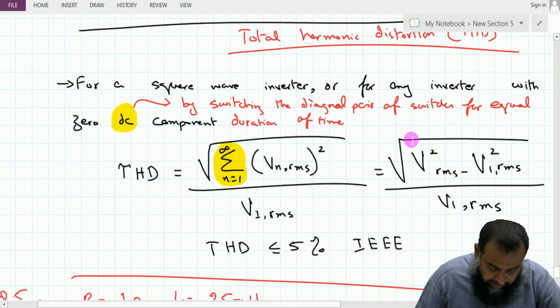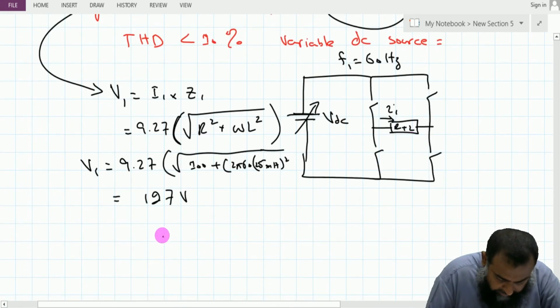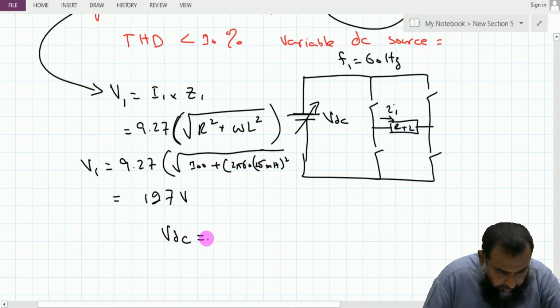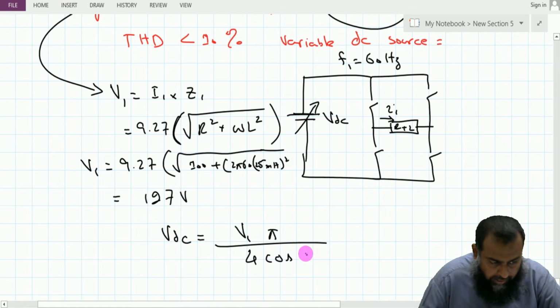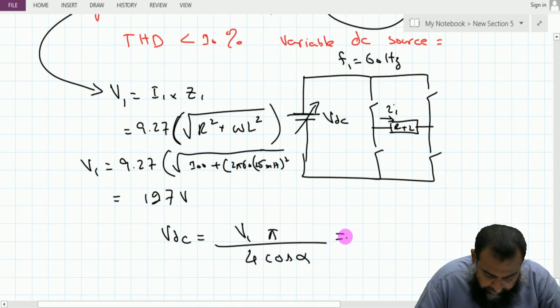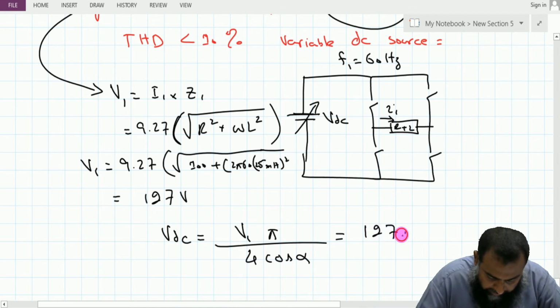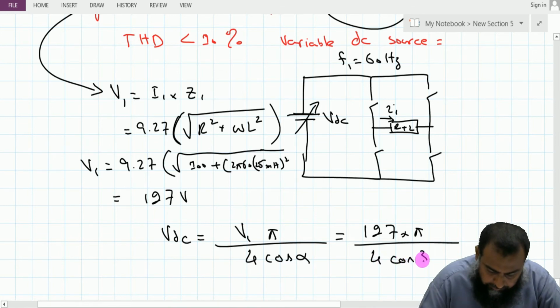So using this expression, VDC is equal to V1 pi divided by 4 cosine of alpha, and that is equal to 127 into pi divided by 4 into cosine of 30 degree.